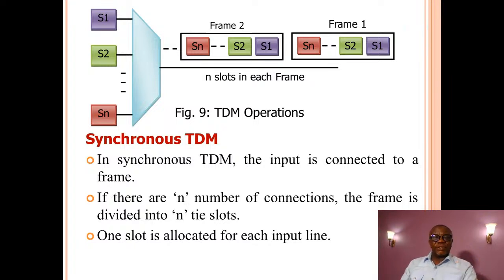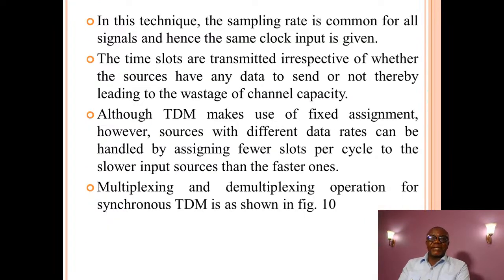So we say in synchronous TDM, the input is connected to a frame. If there are n number of connections, the frame is divided into n time slots. One slot is allocated for each input line. In this technique, the sampling rate is common for all signals and hence the same clock input is given.